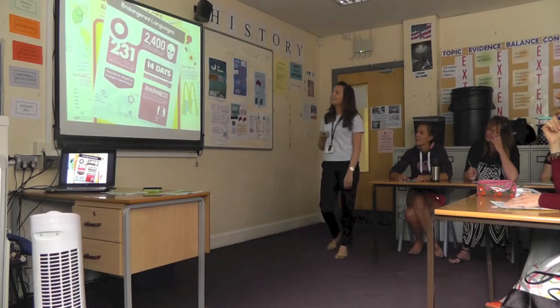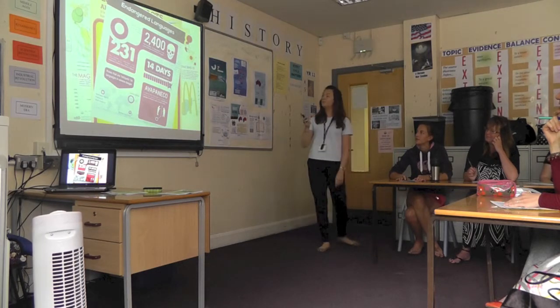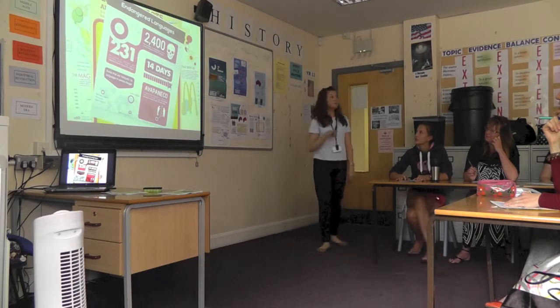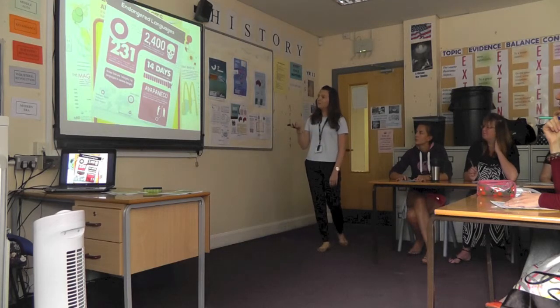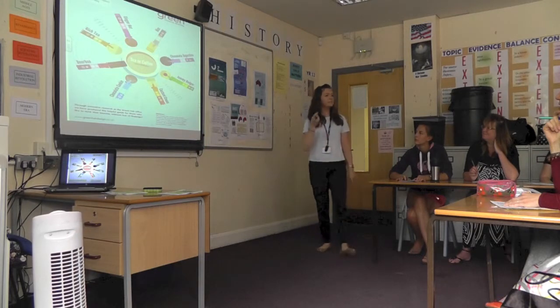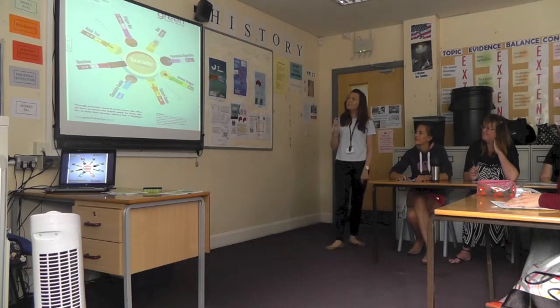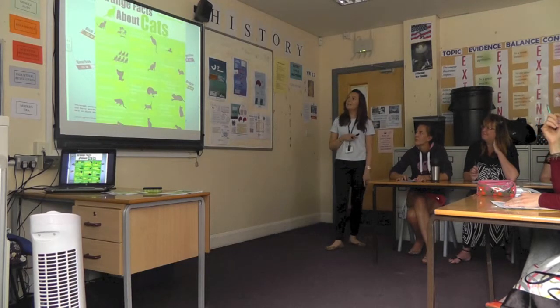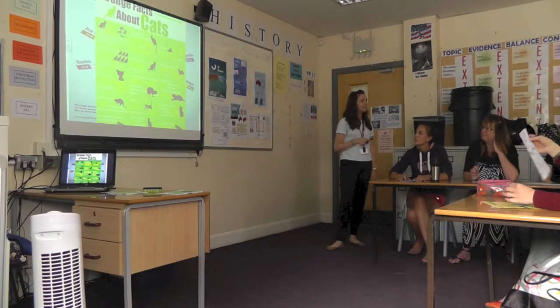Thirdly, this is an infographic on endangered languages. Apparently there are 2,400 languages at the moment that are in danger of becoming extinct. This is an infographic that some of us might like about the dunkability of certain biscuits in our tea and which ones are suited. This is an infographic about cats, and strangely, I know a lot of us probably have cats as pets.